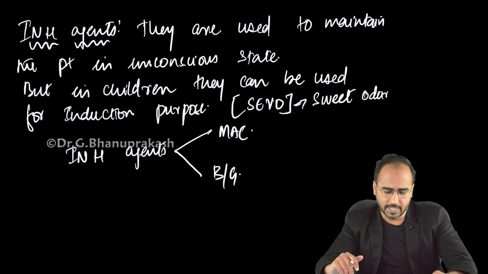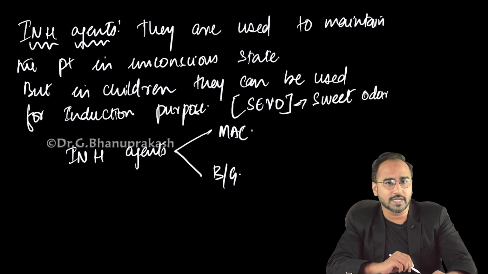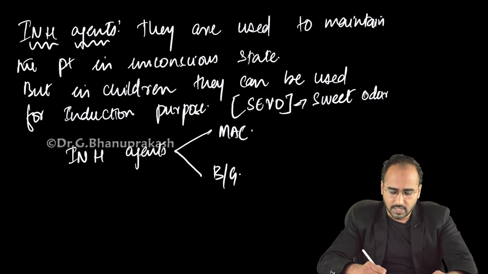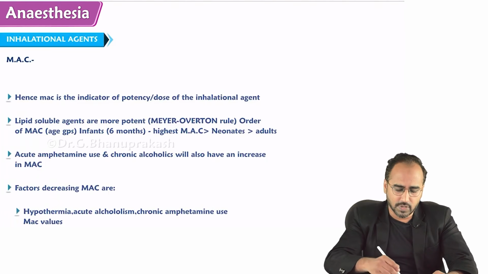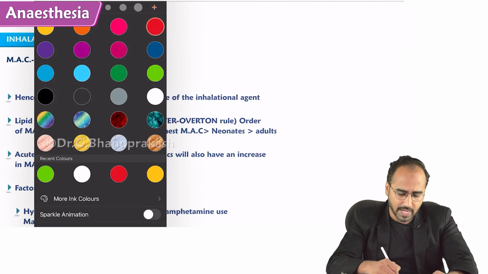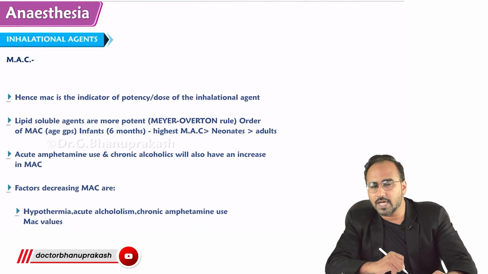That is MAC, right? Now, guys, I told you inhalational agents work on two principles. One is the principle of MAC, other is the principle of blood gas partition coefficient. First is MAC. MAC is minimal alveolar concentration.